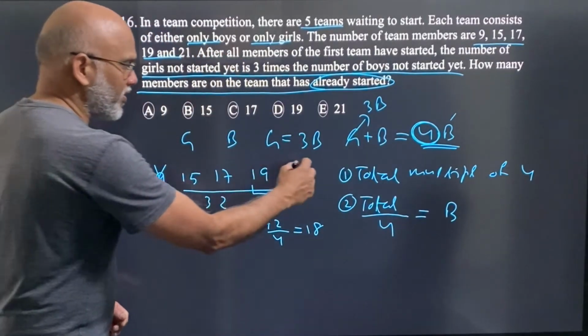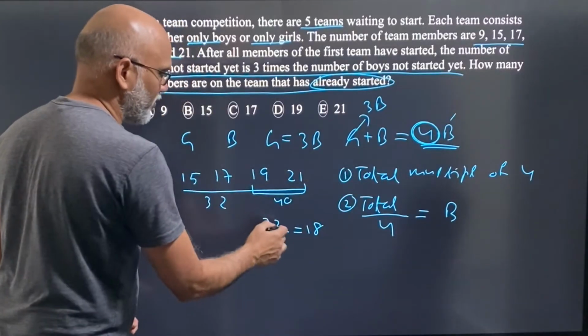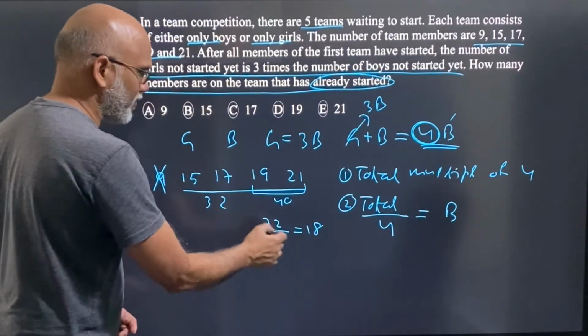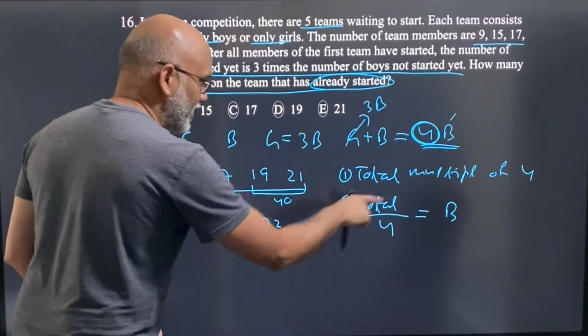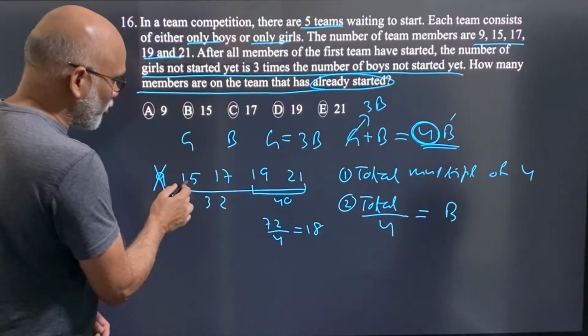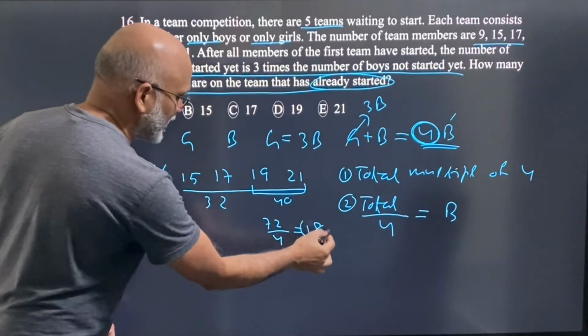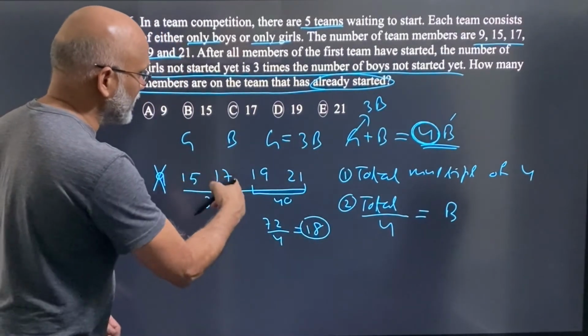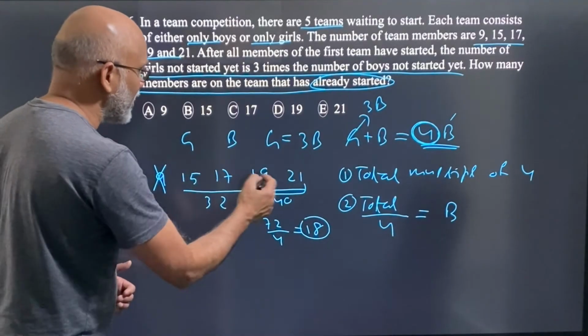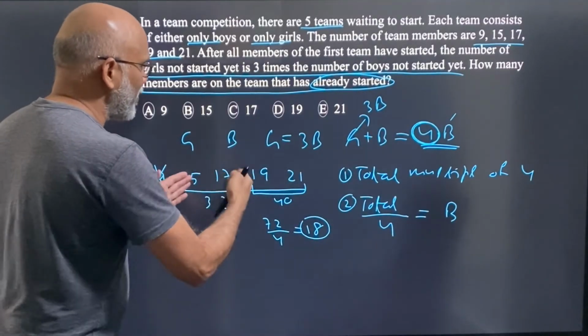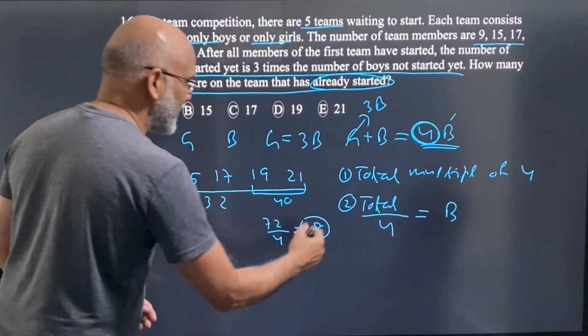So the first condition is satisfied. Total is multiple of 4, and if I divide by 4, I get 18. So total by 4, which is 18, should be B. So one group here should be this number 18, or few of these groups need to combine to give me 18, which is not possible. None of these groups are 18, or I cannot combine one or more groups to get me 18.